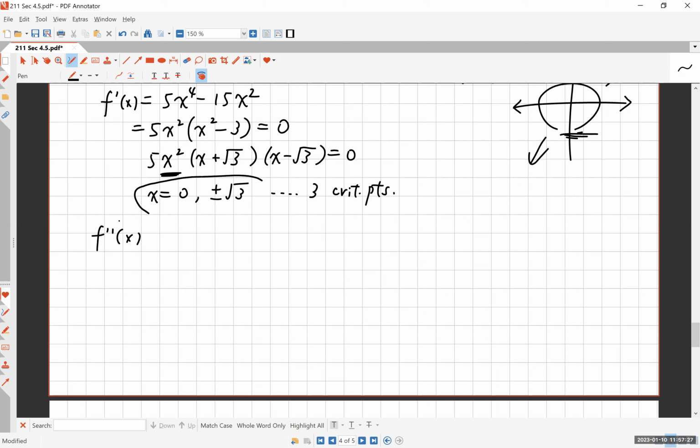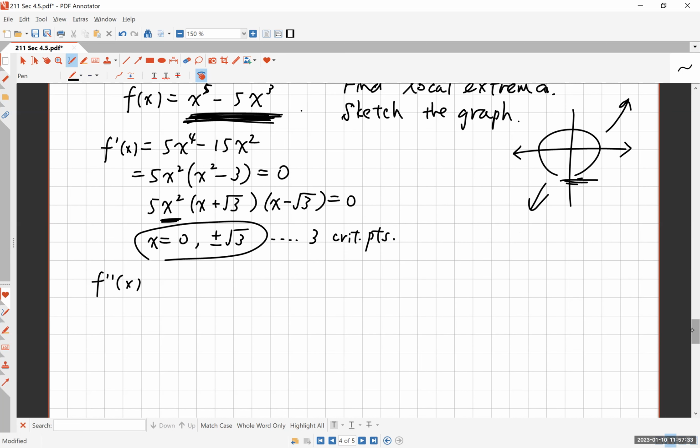now you found your critical points, okay? And we are going to check if the second derivative is positive or 0 or negative at each of these points. And to do that, of course, you have to find the second derivative, which is 20x cubed minus 30x. You can even factor 10x out of each term.